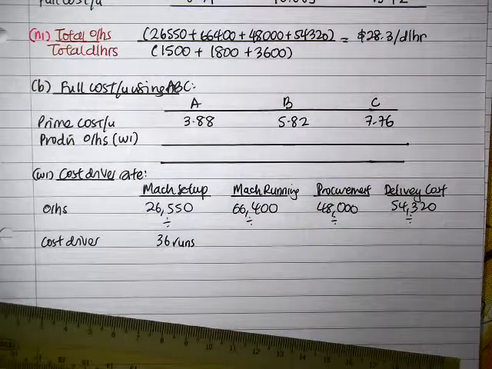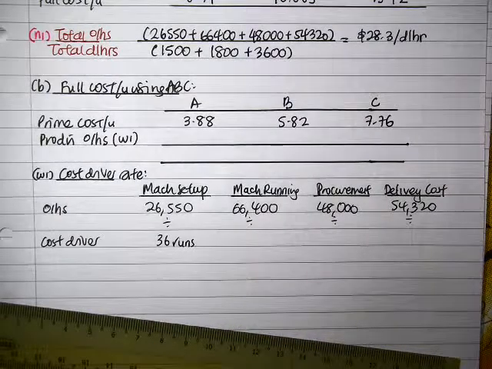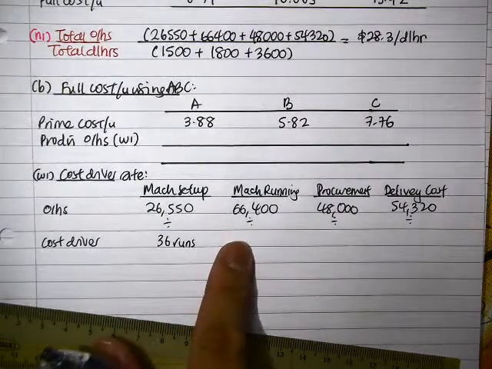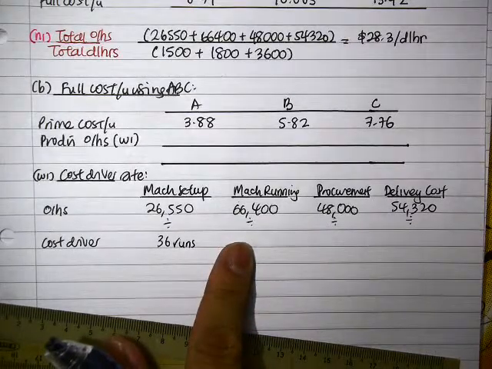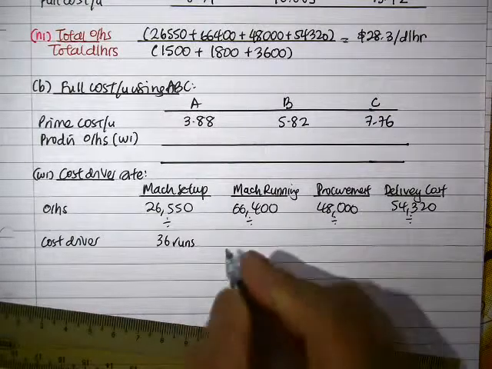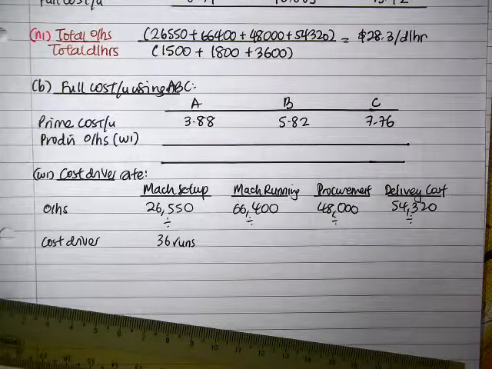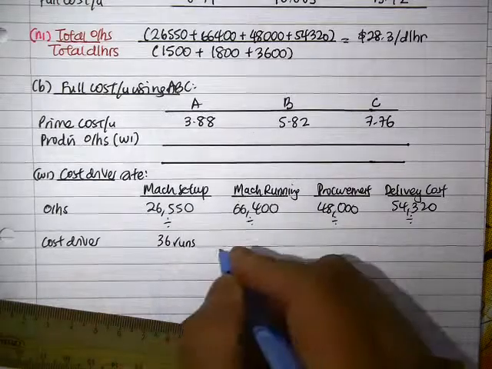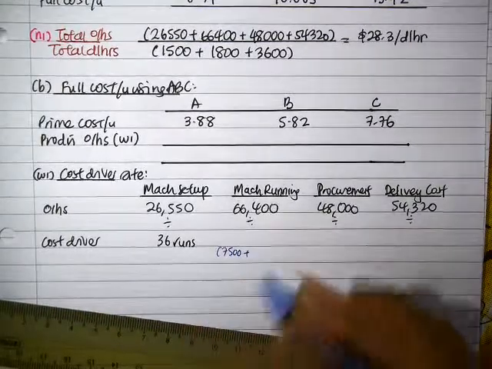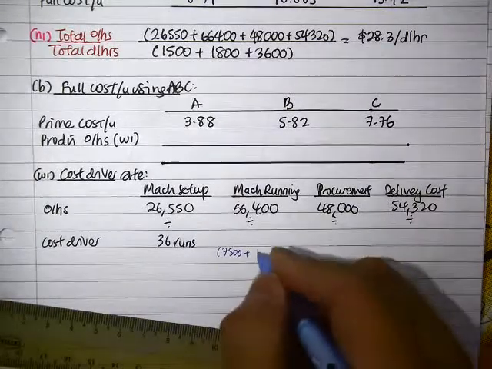Well, machine running cost, what driver do you think is going to be? Machine hours. Looks like it has to be machine hours. And how many machine hours are you having? Well, I think you're going to calculate again, right? So 15,000 times 0.5 is 7,500. 12,000 times 0.7 is 8,400.